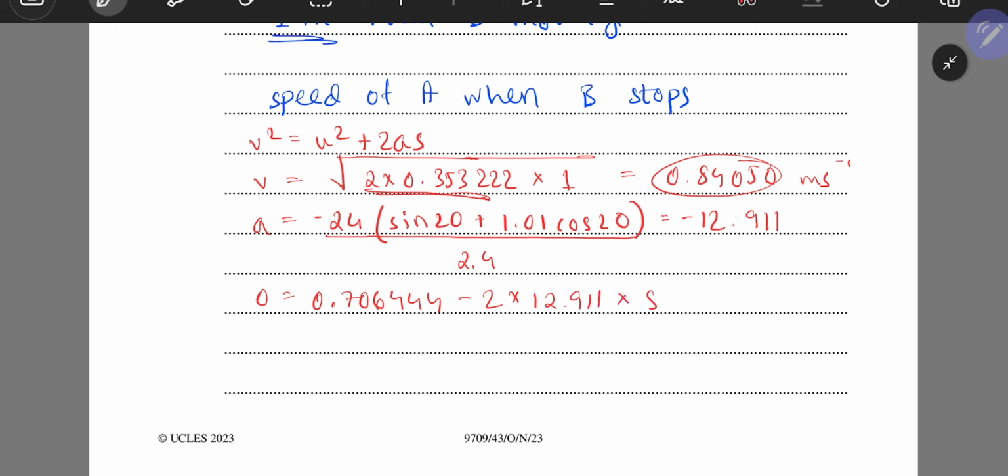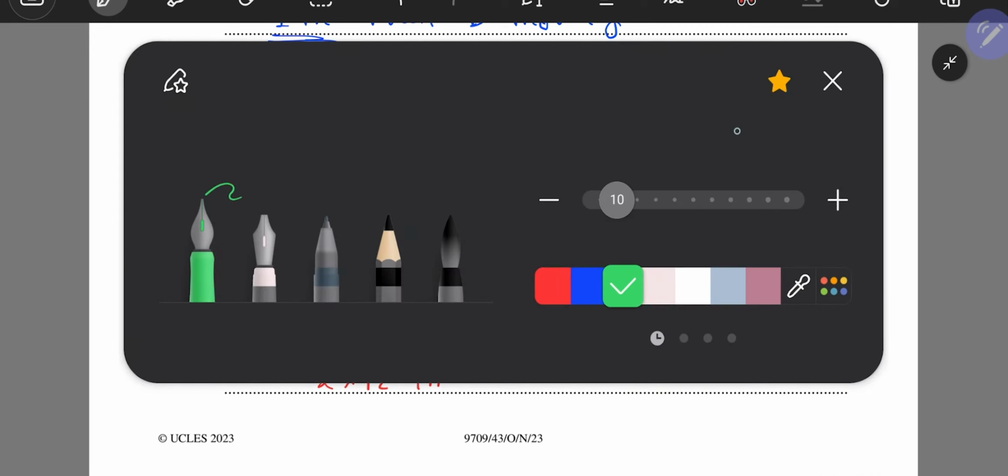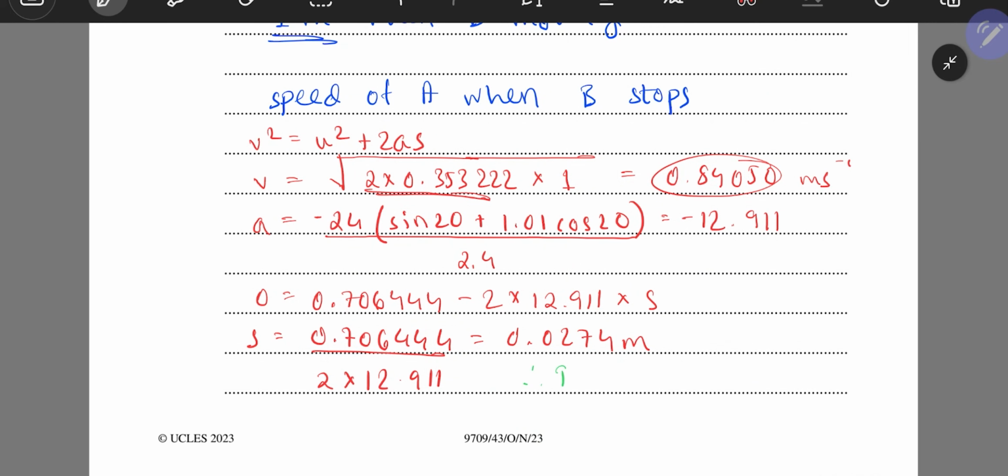We need to find s. So s is equal to 0.706444 divided by 2 times 12.911. So s is equal to 0.0274 meters.